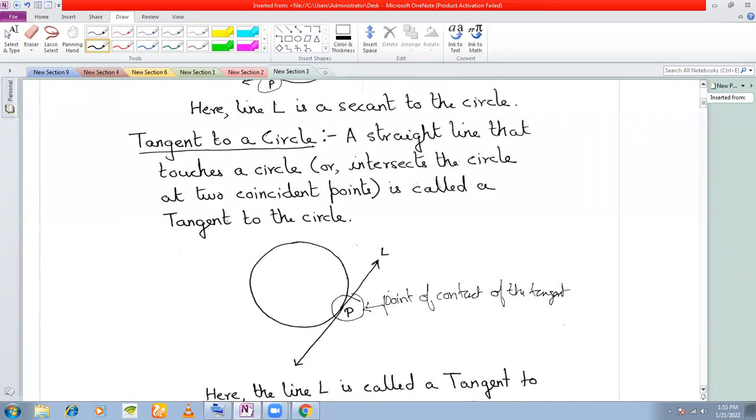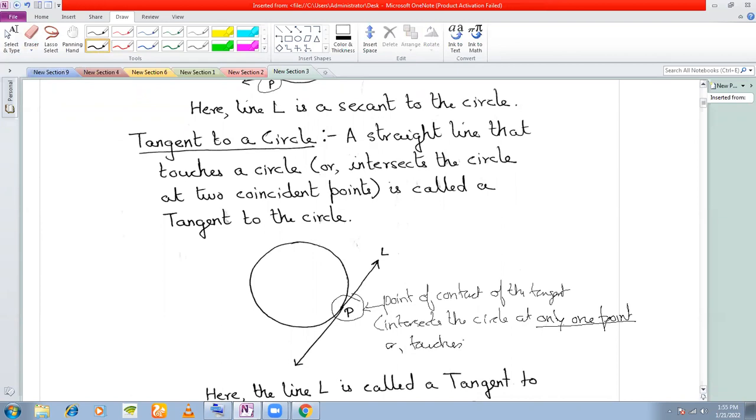This line L intersects the circle at only one point. Okay, and if it intersects the circle at only one point, we say it touches the circle.